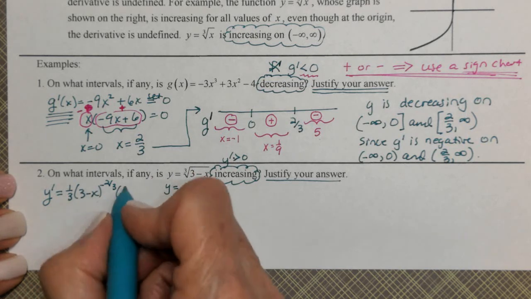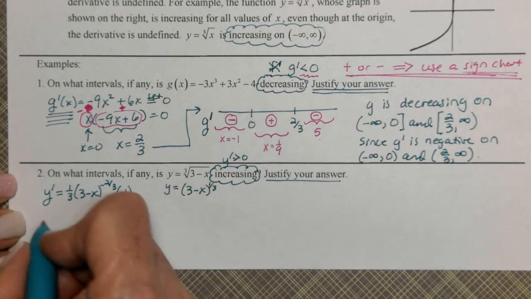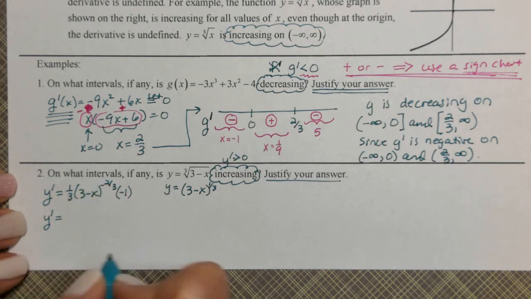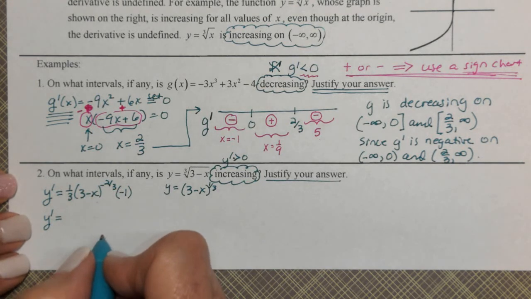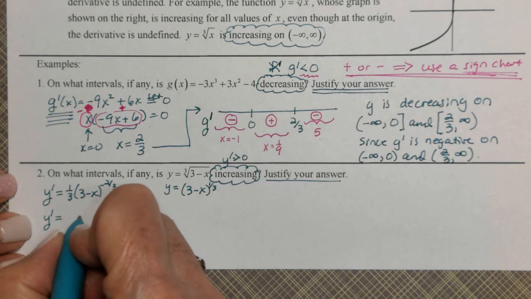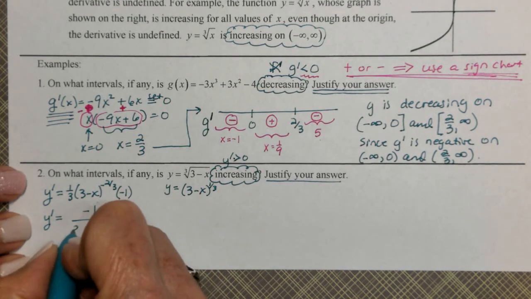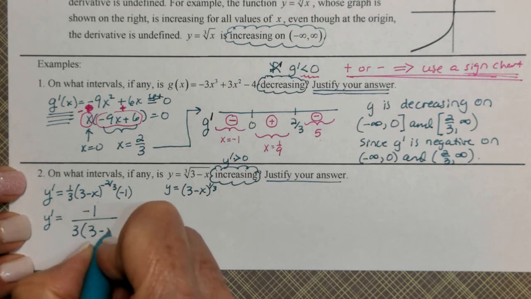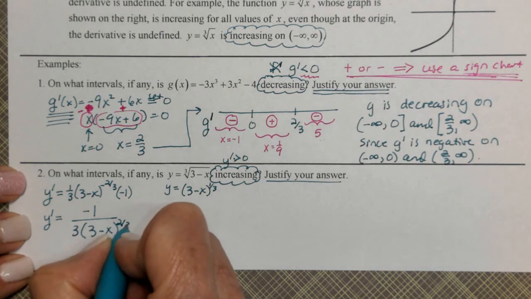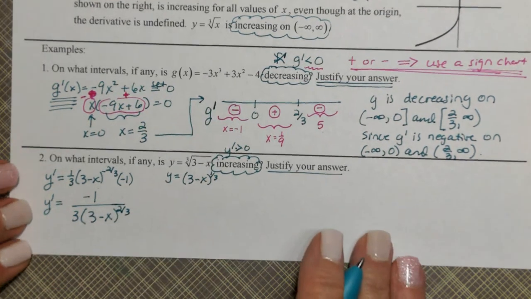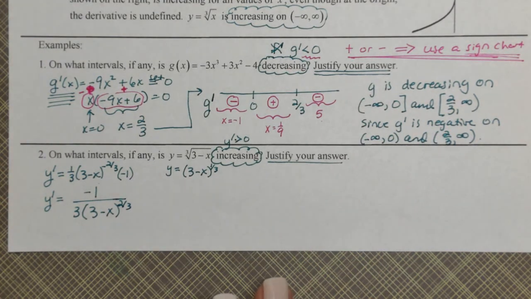The derivative of the inside is a negative 1. So y prime, I'm going to clean that up, is a negative 1 divided by 3 times 3 minus x to the 2/3 power.